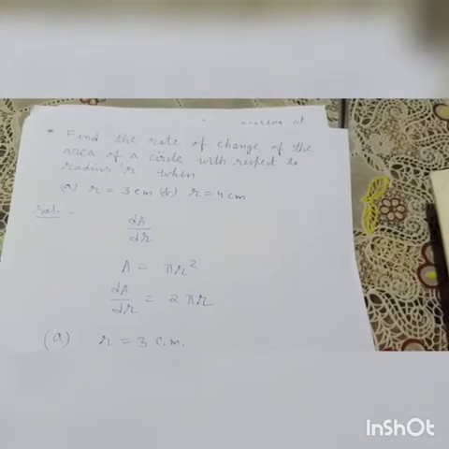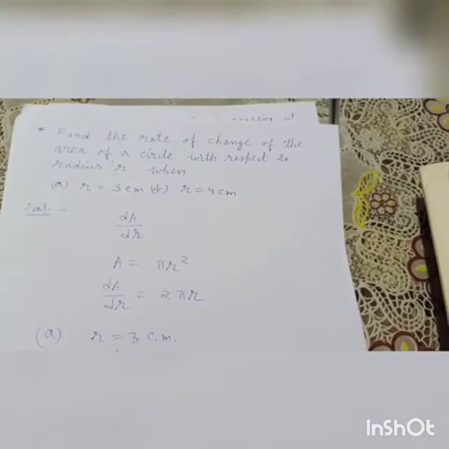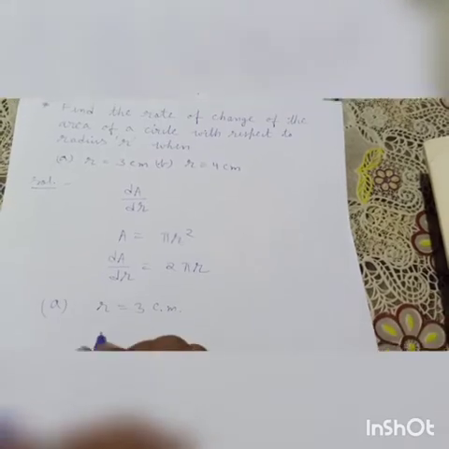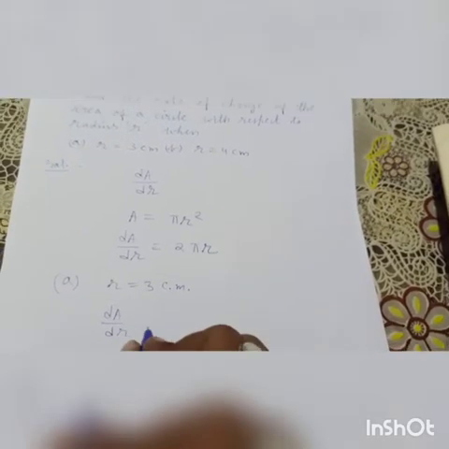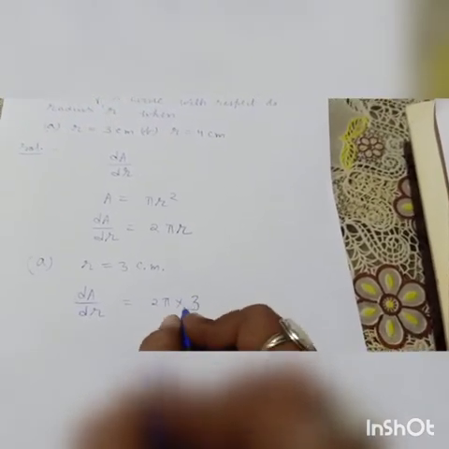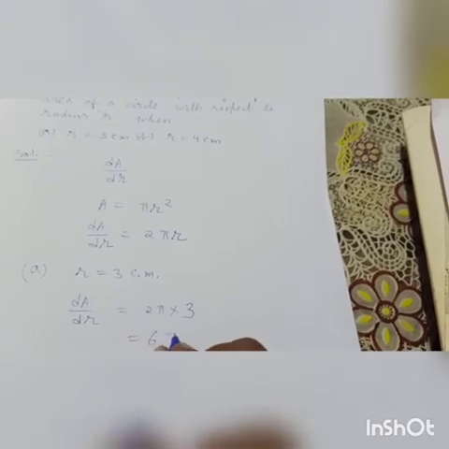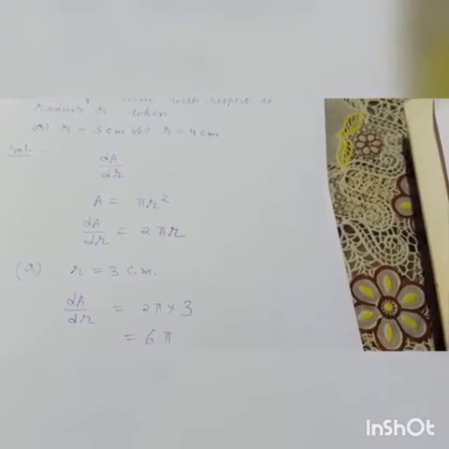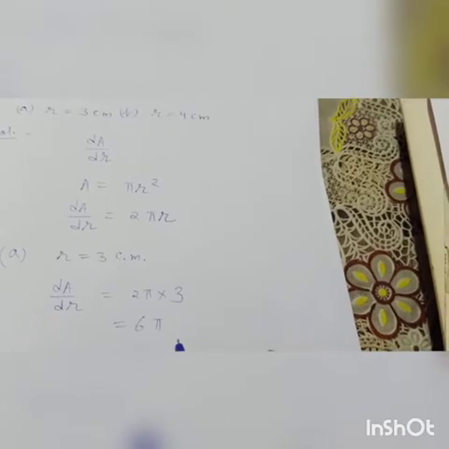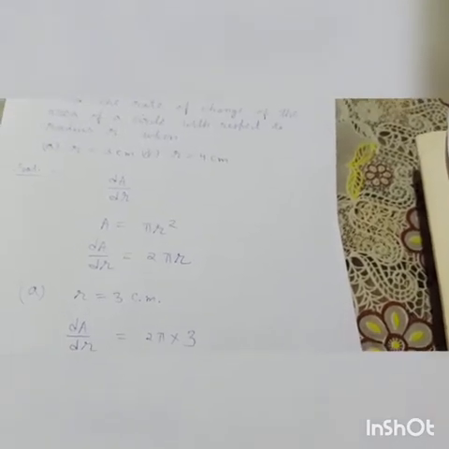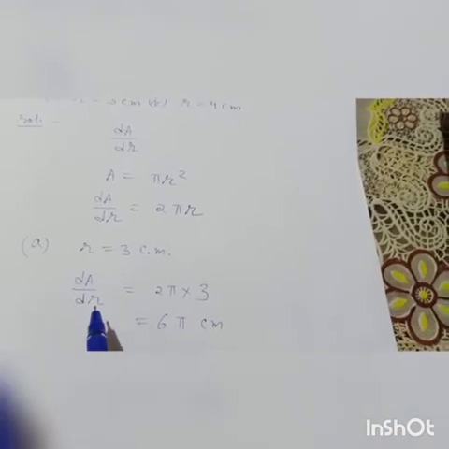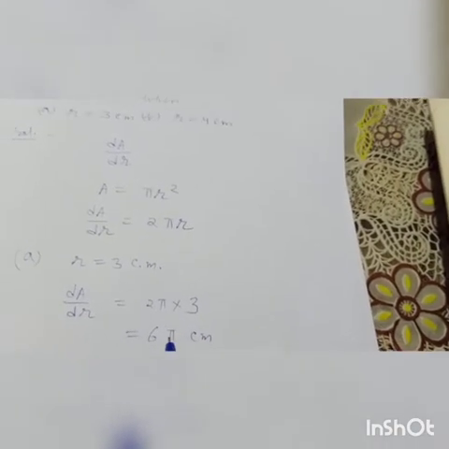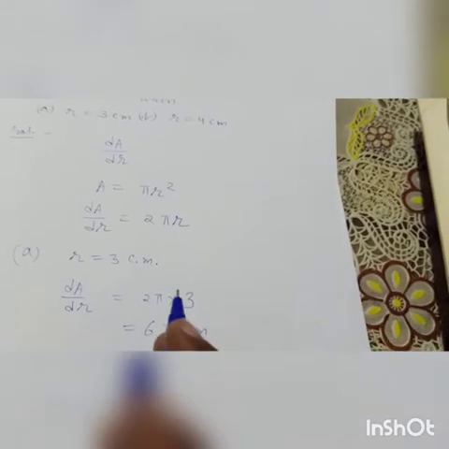So we put the value of r in dA upon dr: dA upon dr equals 2 pi into 3, which equals 6 pi. Here the area unit is centimeter square, so we can say 6 pi centimeter square upon centimeter, that is only centimeter. So this is the answer of the first part, 6 pi centimeter.